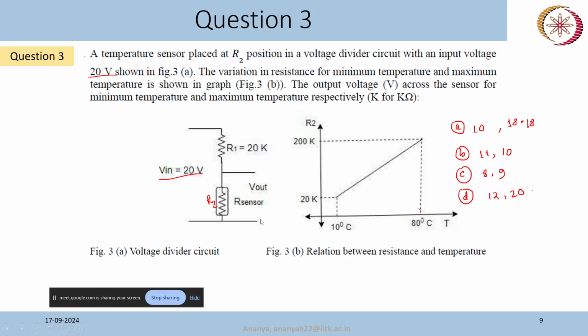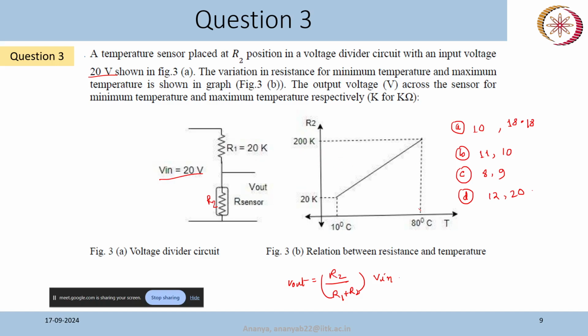So this is again a voltage divider circuit. The expression is V out is equal to R2 by R1 plus R2, multiplied by V in, right? When the sensor is at minimum temperature, R2 will be 20 kilo ohm, and when the sensor is at maximum temperature, R2 will be 200 kilo ohm.